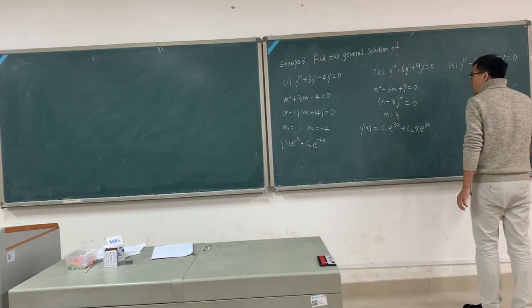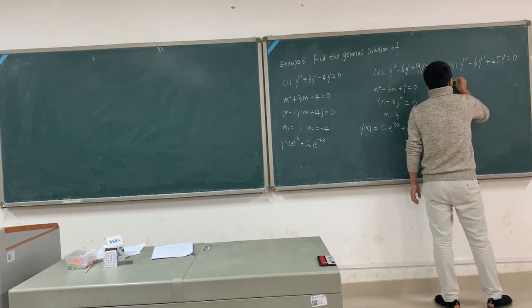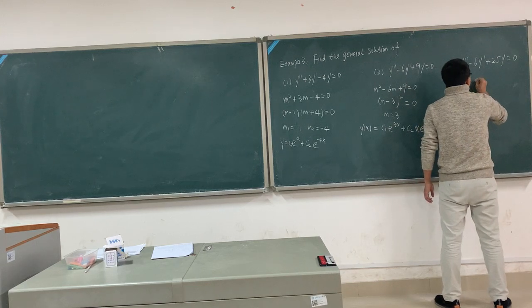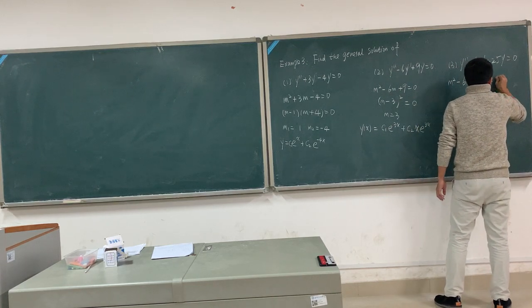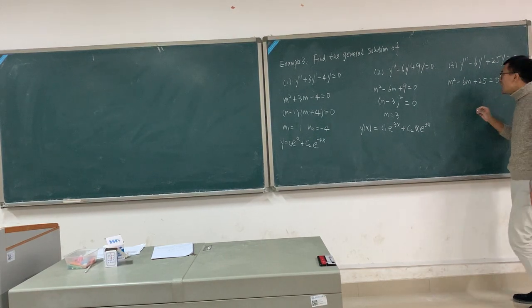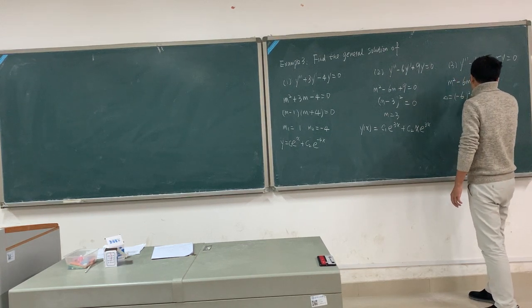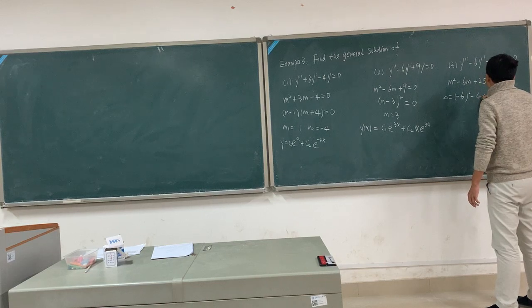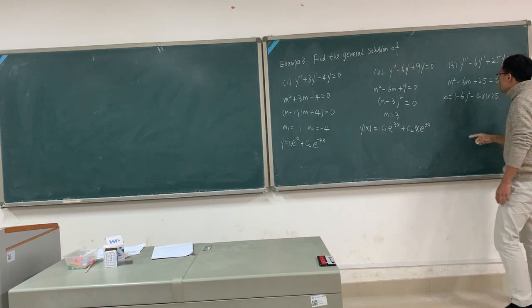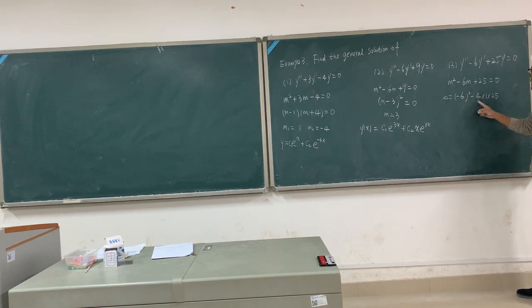So now for the third, the auxiliary equation is m squared minus 6m plus 25 equals 0. Here delta equals b squared minus 4ac, so minus 6 squared is 36, 36 minus 100, so it's minus 64.